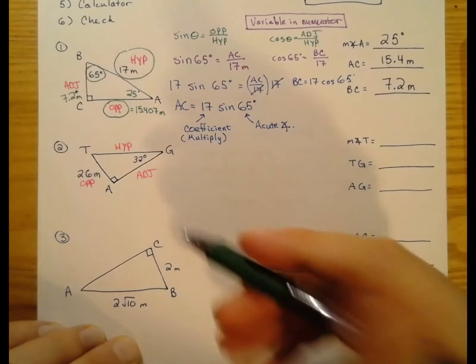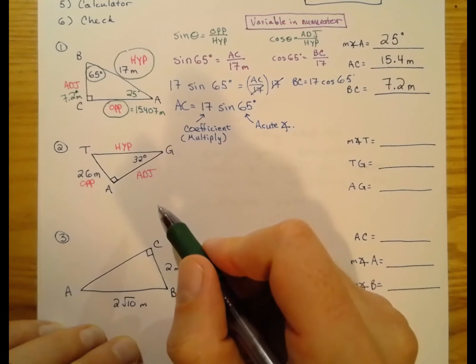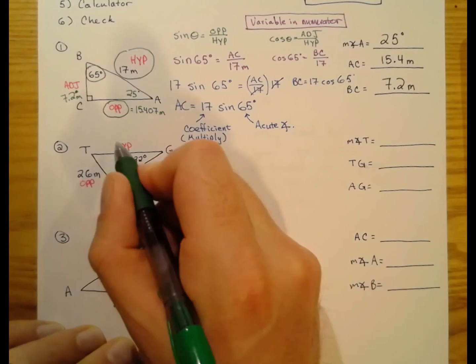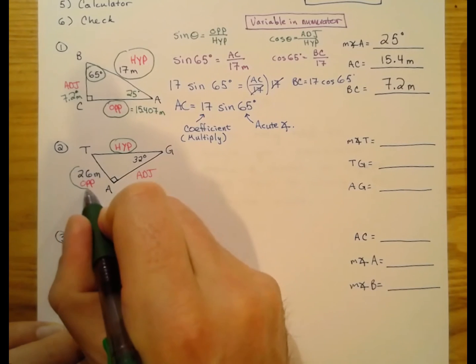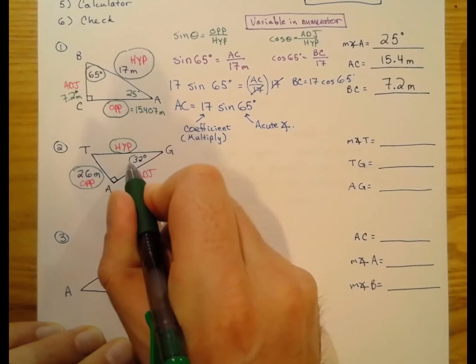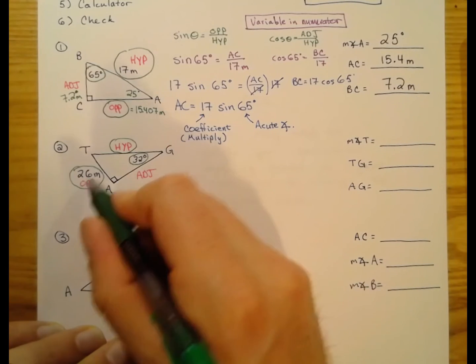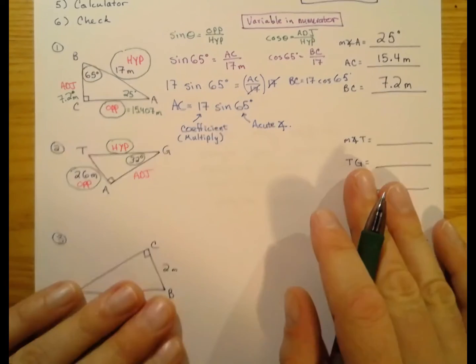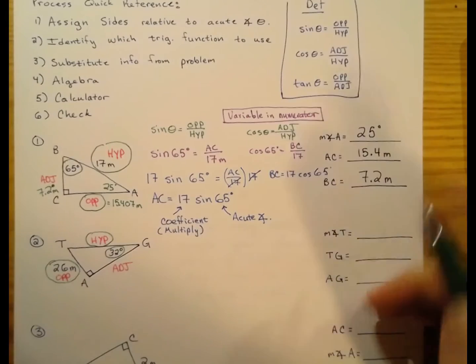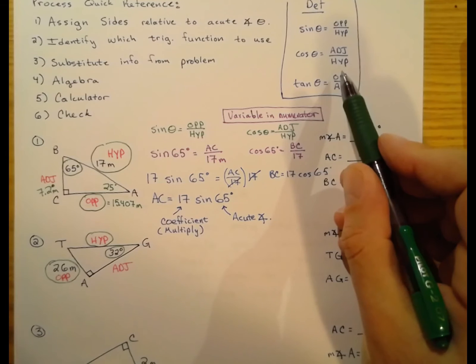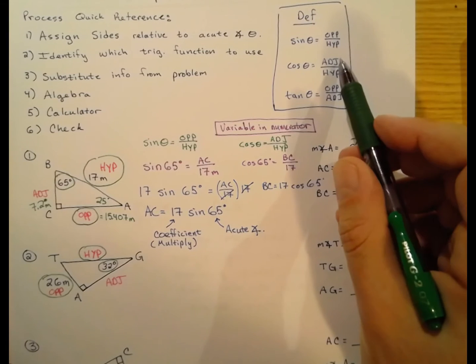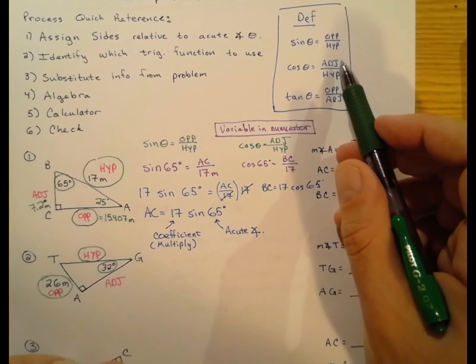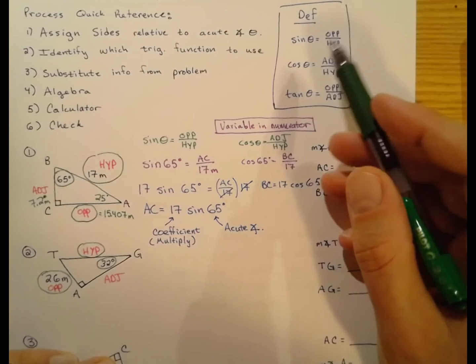All right, I think I'm going to solve for TG first. So in step 2, I'm looking for the hypotenuse. I know the opposite and I know theta. So the trig function that uses hypotenuse and opposite is cosine. Sine uses hypotenuse and opposite. I tricked myself there for a second.